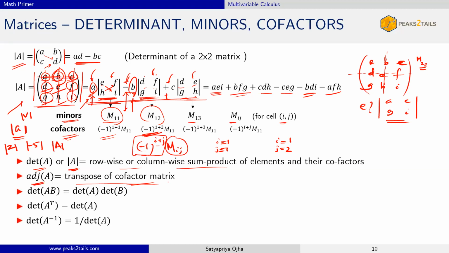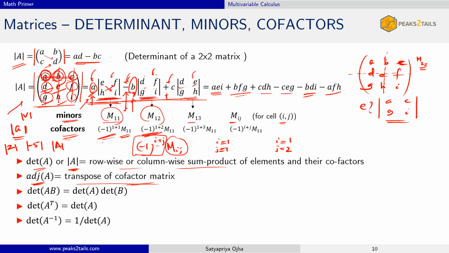Transpose of cofactor matrix. You know how to calculate cofactors for every single element. For A, for example, you can calculate the cofactor. For B, for C, for D, for E, for F, for every element, you can calculate the cofactor. Right? Cofactor does not have that A. Remember, cofactor is just the sign and minor. Minor involves the determinant of the 2 by 2 matrix, leaving that element alone.